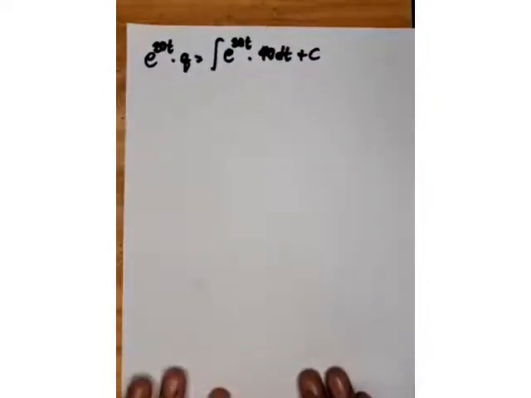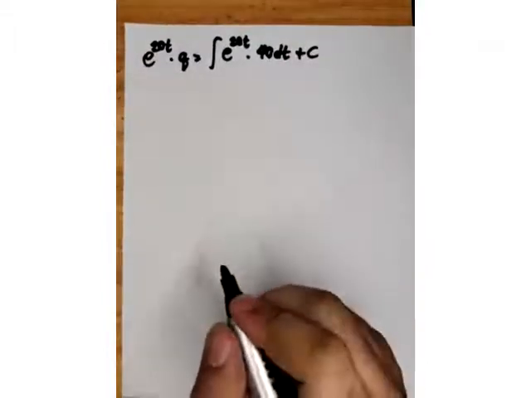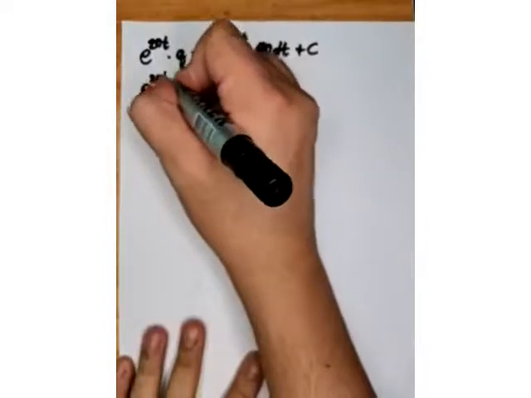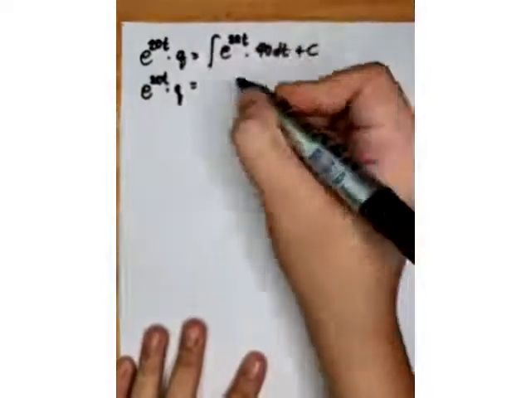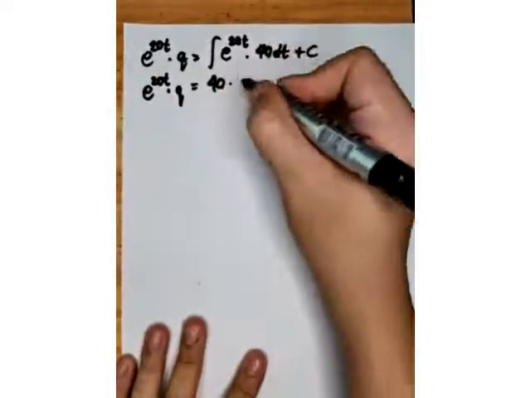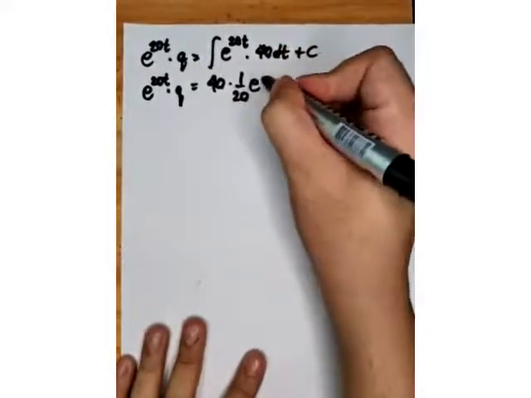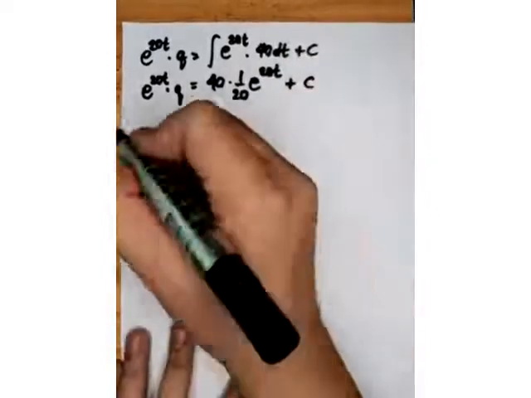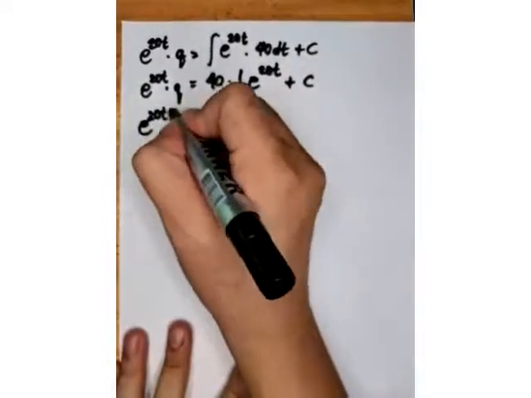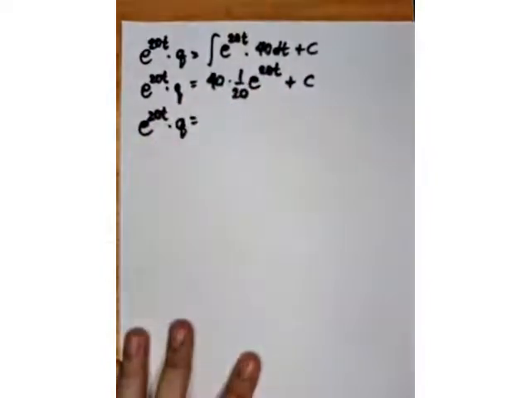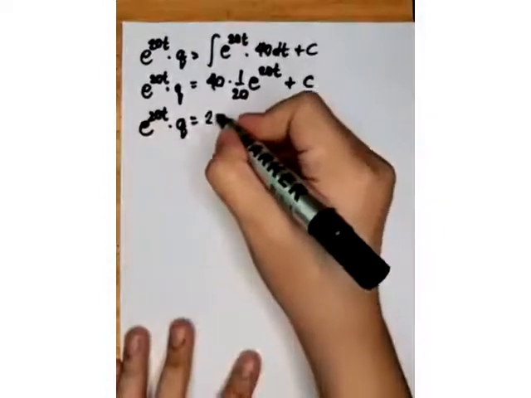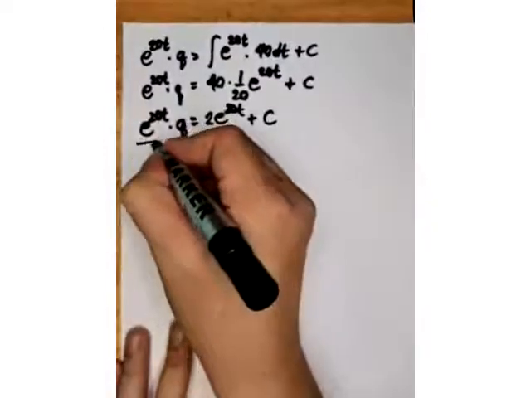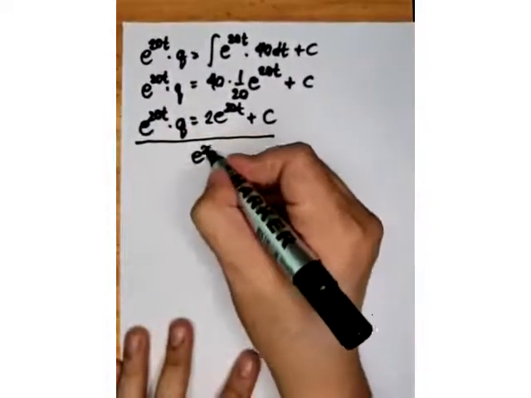So that means integrate natin. So e raised to 20t times q is equal to 40 times 1 over 20 e raised to 20t plus C. Okay, simplify natin. So e raised to 20t times q is equal to 2e raised to 20t plus C. And then divide natin ng e raised to 20t.